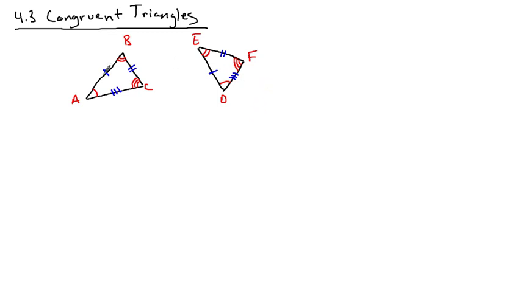When we have a situation like this where all the angles and all the sides are the same, we can say that triangle ABC is congruent to triangle DEF. And this is a very important thing you're going to have to write over and over.